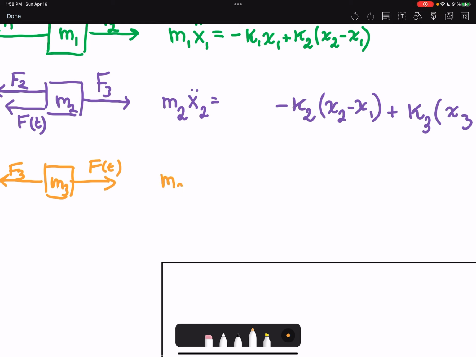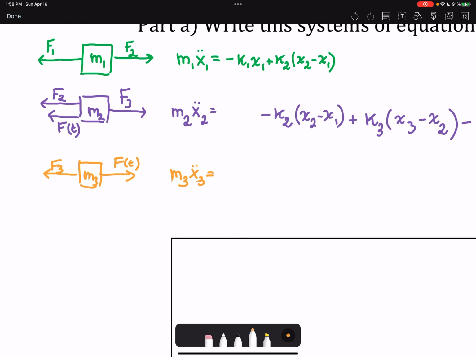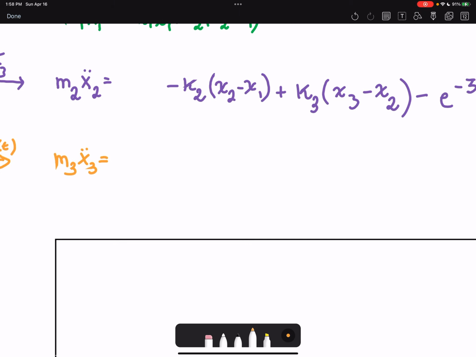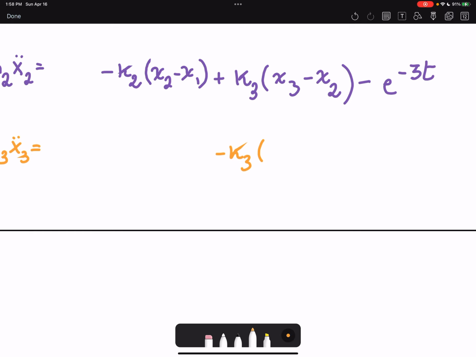So we can model it as M3 x double dot 3. It's the sum of the forces. We got nothing for x1, and we got nothing for x2, but then we have something pulling it back, K3 times x3 minus x2.